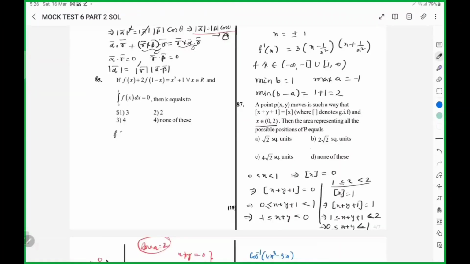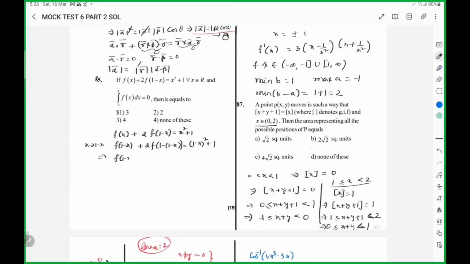Is given. Replace x with 1 minus x. Max is 2x square minus 2x.